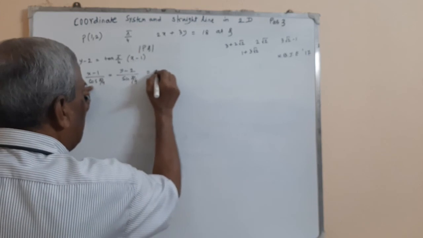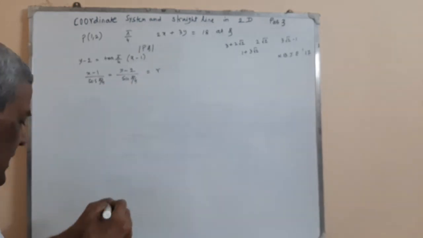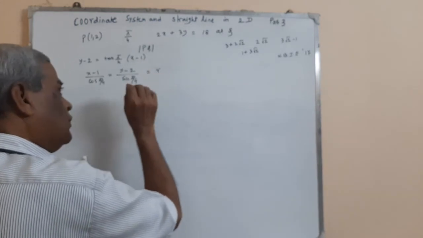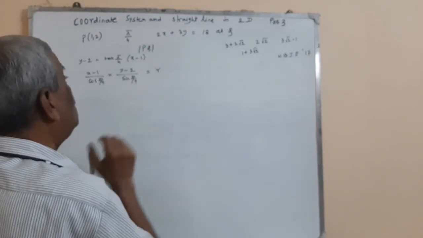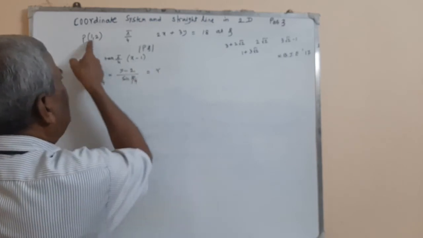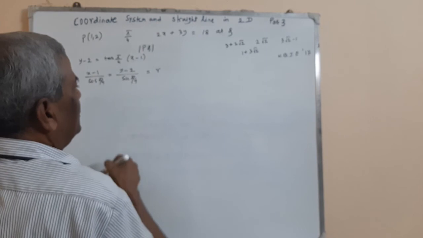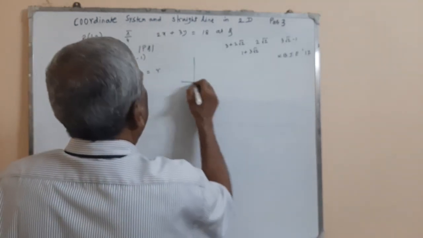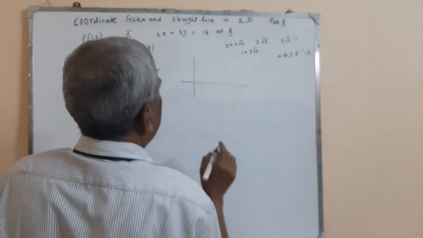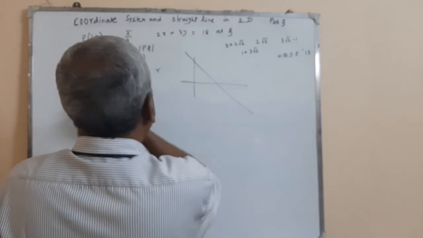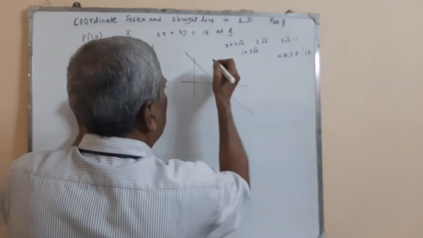Let it be r. Then what is the significance of r? Now any point, we consider any point, say Q, which is at a distance r from that. So this straight line is this, and 2x plus 3y is equal to 18 is another straight line like that, and this straight line is passing through (1, 2).